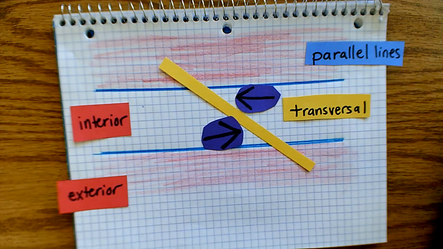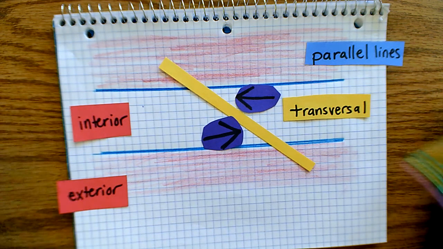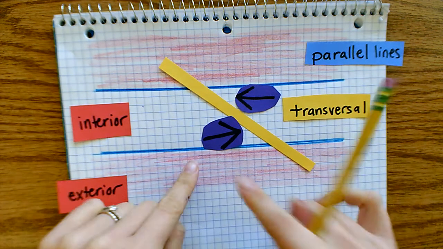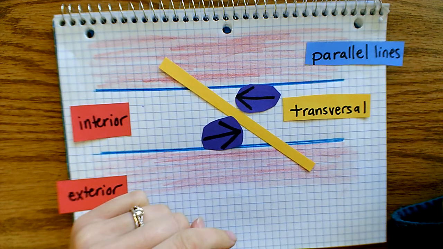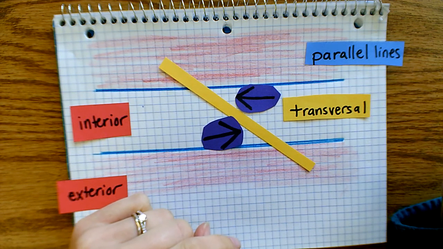Are these angles on the interior space or the exterior space? They're on the interior. Are they attached to the same parallel line or opposite parallel lines? Well, because I see one side of the angle is attached to different parallel lines, I'm going to say that they're the opposite.